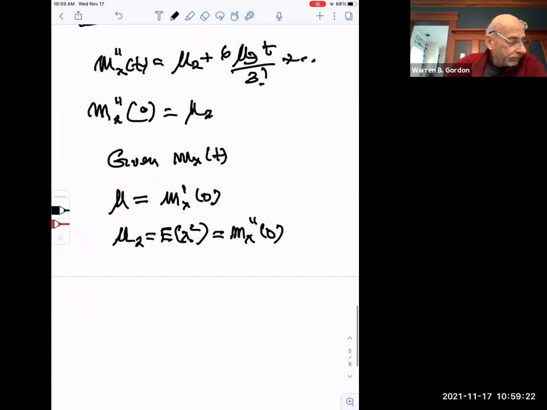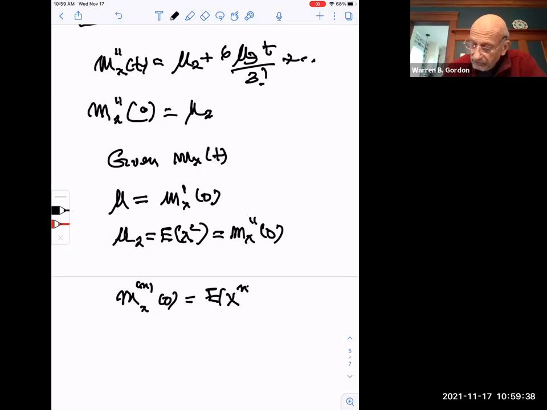In fact, if you follow this through, you can prove in general that the nth derivative at 0 is equal to the nth moment. We don't really need them. These are the two key results.